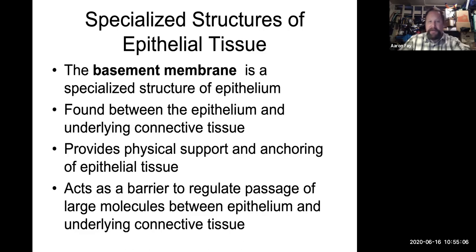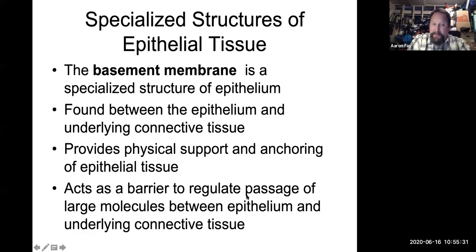Specialized structures. The basement membrane, we talked about this. This is going to help organize and attach the cells of the epithelium to the structure. You're going to find it between the epithelium and the connective tissue. Half of it, the basal lamina, is made by the epithelial cells. The reticular lamina is made by the underlying connective tissue.